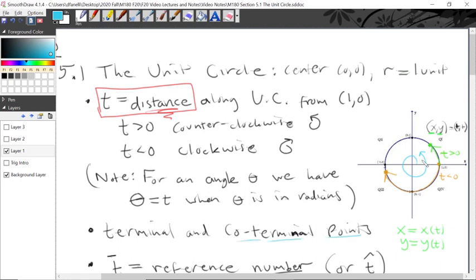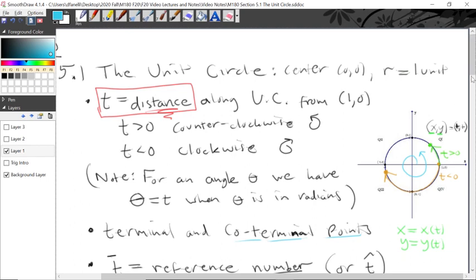That is, there is more than one value of t that we could have selected that would have terminated at the exact same coordinates, the same location. Now, this phenomenon is always going to be true in periodic functions by the definition of periodicity. If you were to add a complete period or a full cycle or a complete rotation through this circle, you're going to return back to the same point again every time.